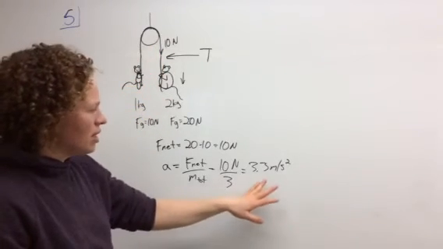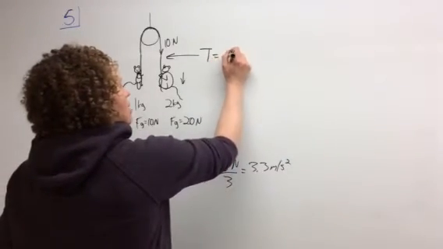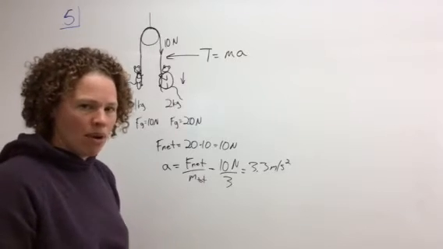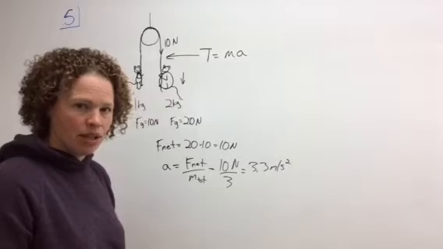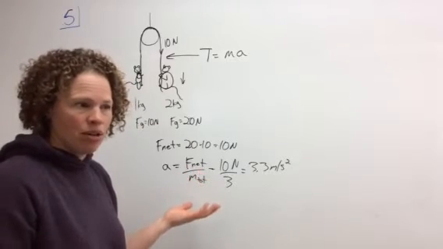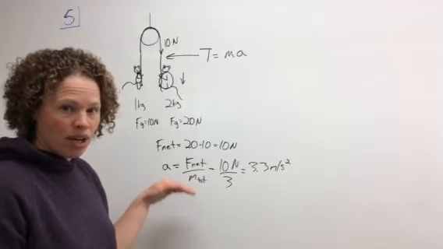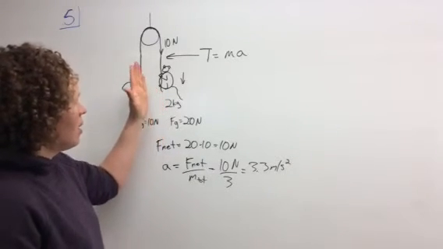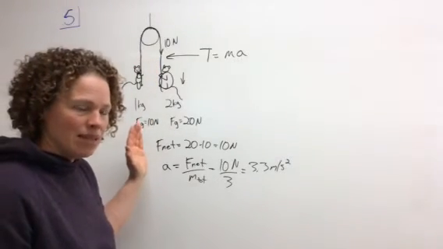So I've got this 3.3 meters per second squared, and tension is mass times acceleration. However, we've already got acceleration due to gravity, right? If he was just free falling, he'd be going at 9.8, or in this case 10 meters per second squared, straight down. But he's not free falling. He's being held back. He's not being held back completely.